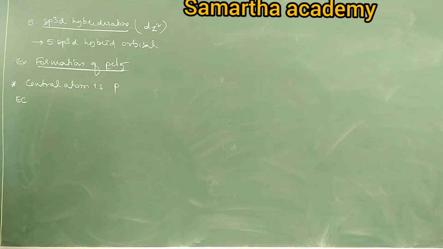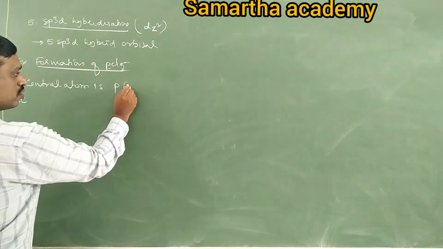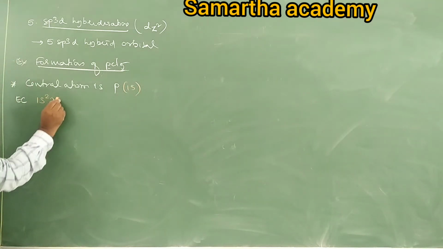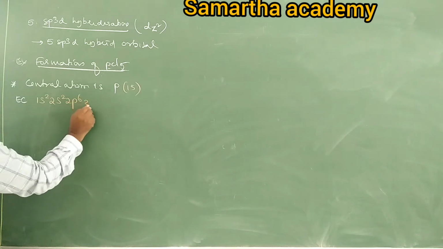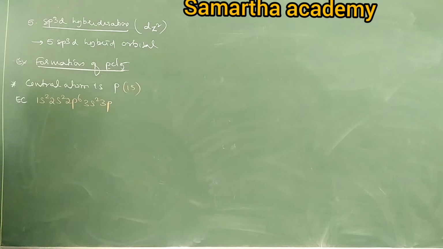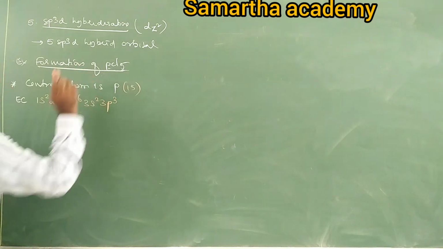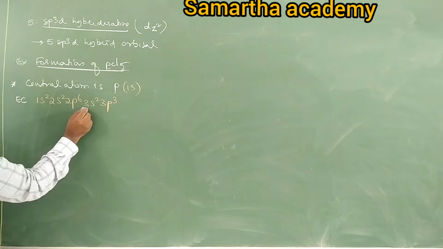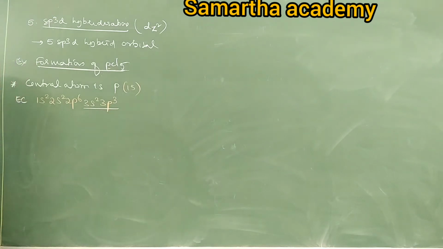Atomic number is 15: 1s2, 2s2, 2p6, 3s2, 3p3. So what is the valence shell here? 3s2, 3p3.